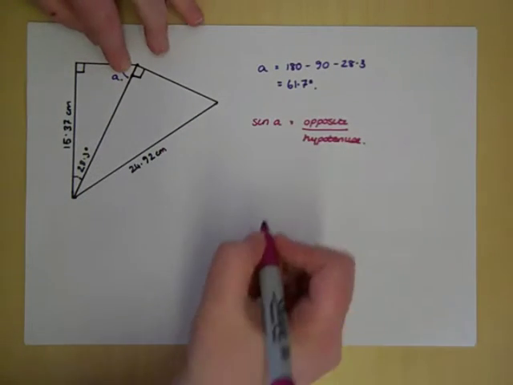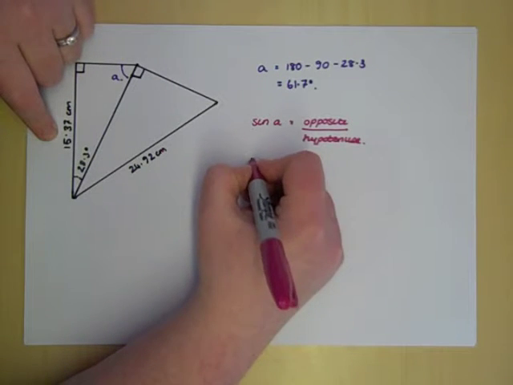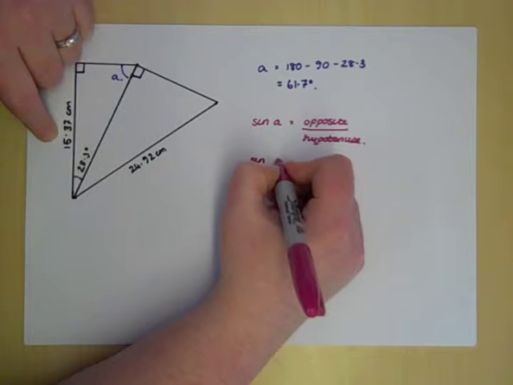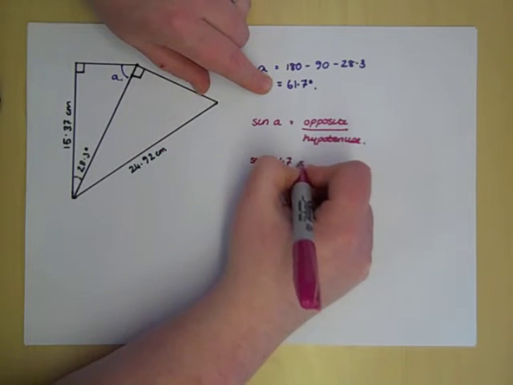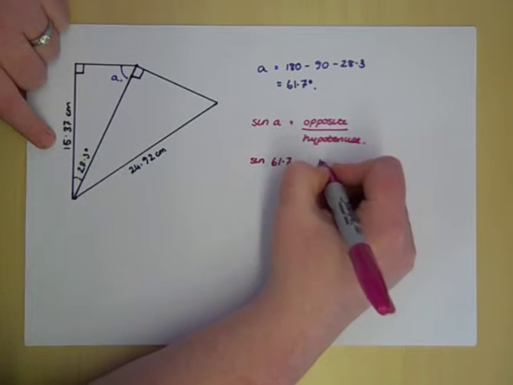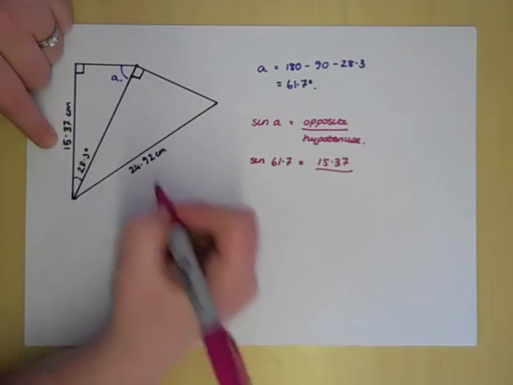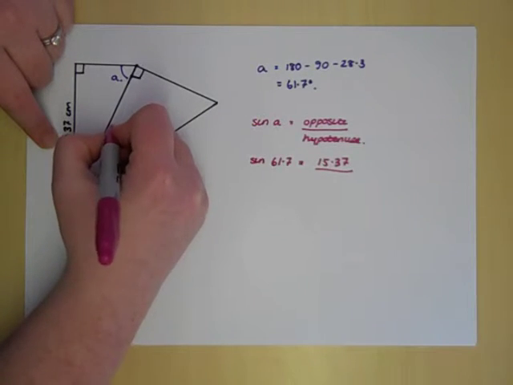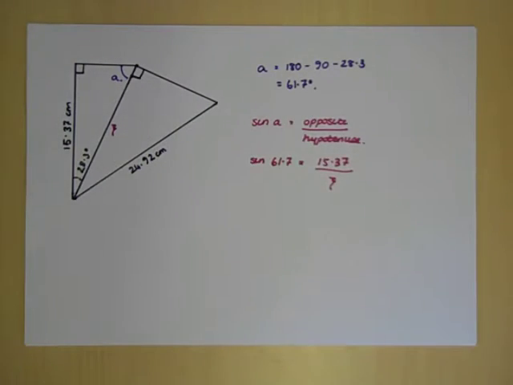If I do that, I end up with the sine of 61.7 is equal to 15.37 over the hypotenuse, and just for the sake of this, I'm going to call this Z, so 15.37 over Z, just to make it easier to write.